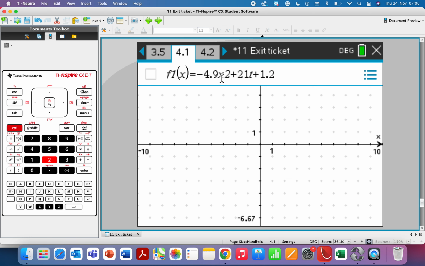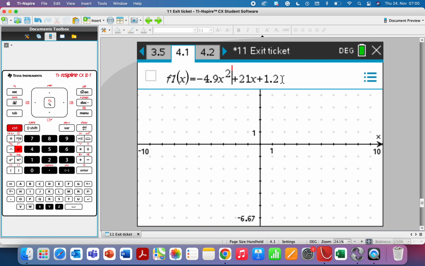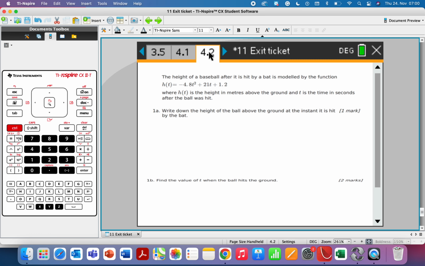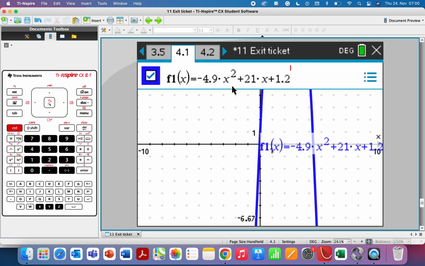And look, the t here and the x squared aren't going to work, so the t must be x, and I put 2 instead of a squared. So there's lots of little mistakes you might make, but the graph will tell you that you've been a bit silly and you haven't plotted it correctly. So negative 4.8, oh there we go, let's make an adjustment, negative 4.8.